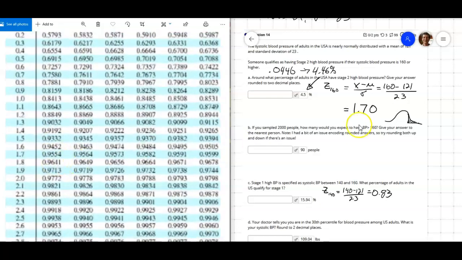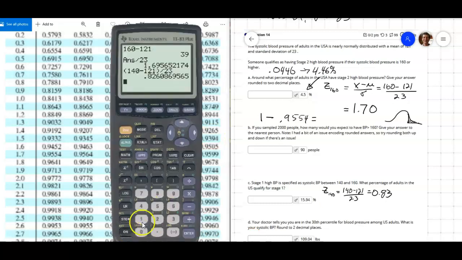This would be the area to the left. So we could also work this out with 1 minus the positive z-score number, 0.9554. Same exact number. We would then round to the appropriate 4.5%.